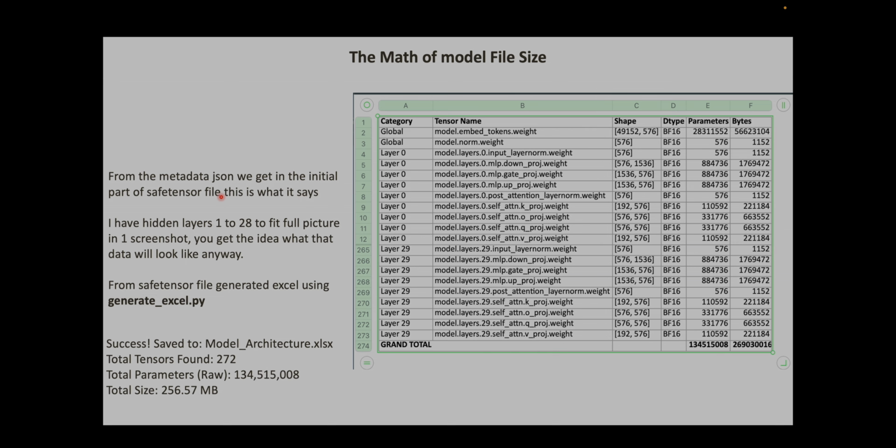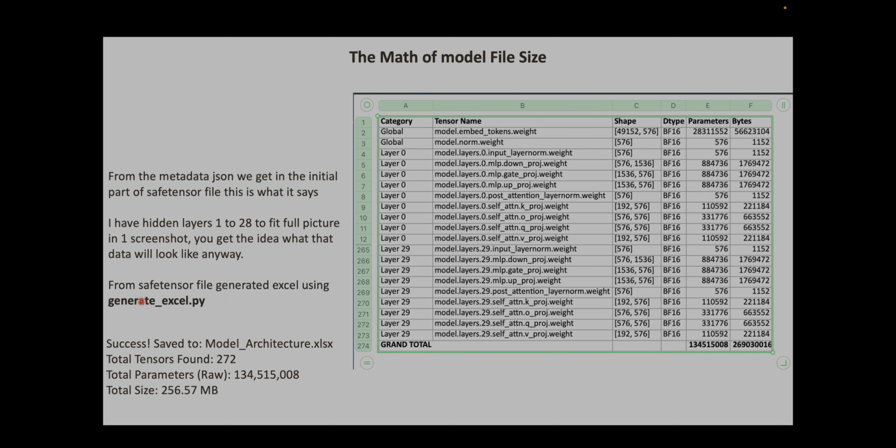In this part of the safetensors file, this is what it says. I've hidden layers 1 to 28, correct? So layer 1 to layer 28, I have removed that. So those are hidden. So from the safetensors file we generated an Excel.